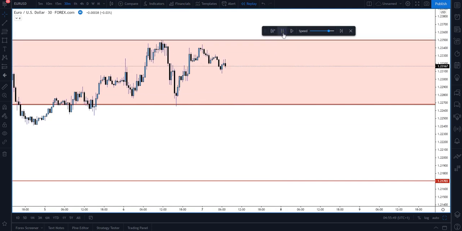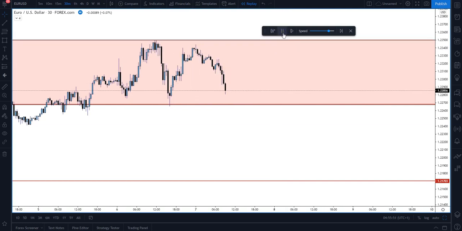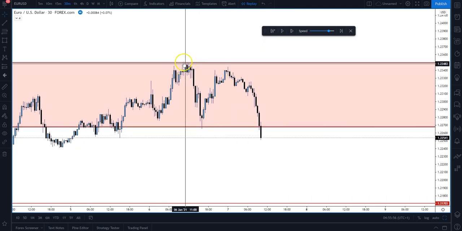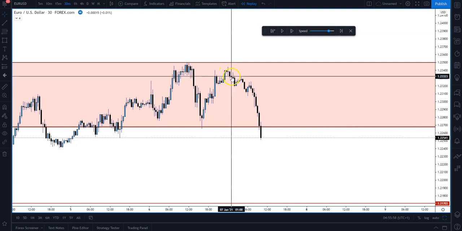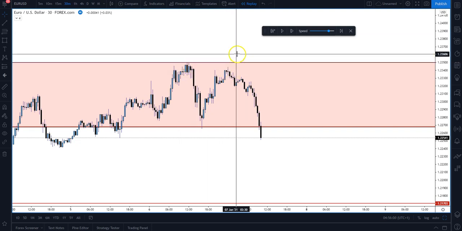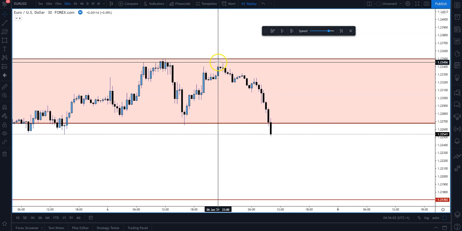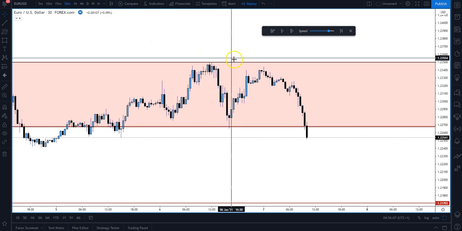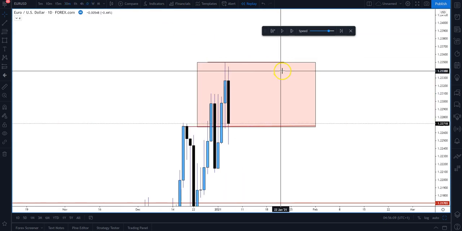But let's go. Yep. Because it failed to actually cross up here, this could be considered a point of entry as well. So let's go back to our daily.